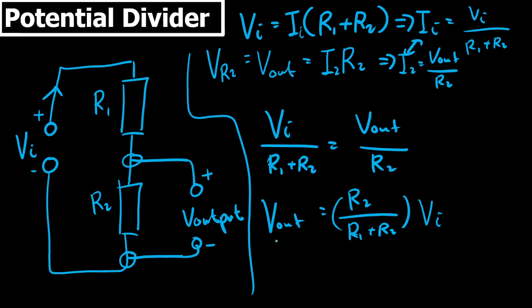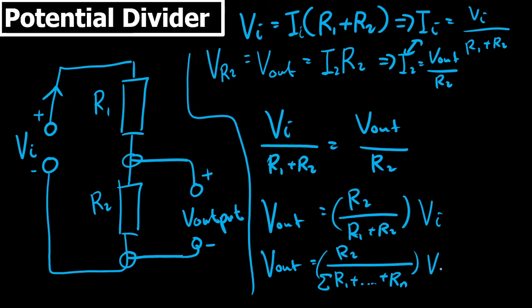Then a more generalized case would be R2 over R1 added all together all the way to Rn, the summation of them, times V in.